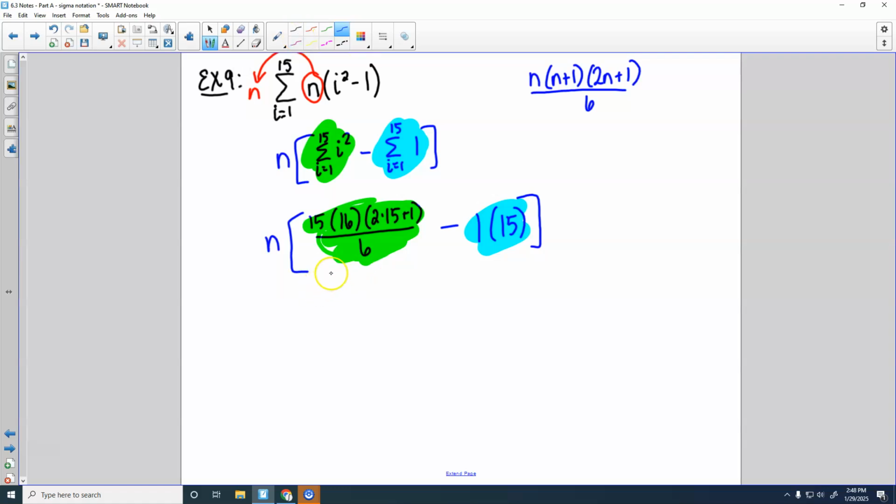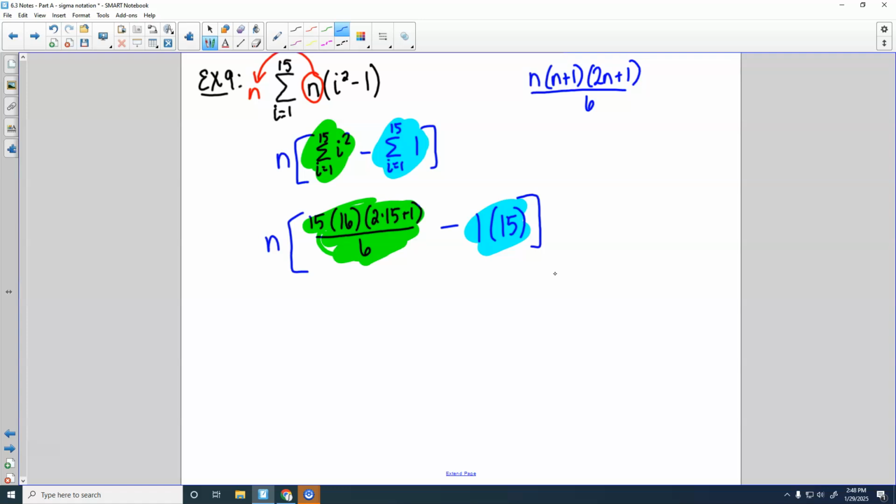Okay, so in this case, I'm still going to use the calculator. It's still bad. Maybe not quite as bad as having to do 1 through 14 and square them all and add them together, but still bad. So 15 times 16 times 31 is going to be 7,440.